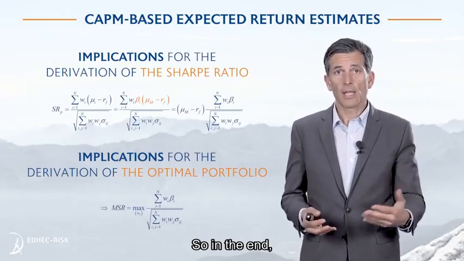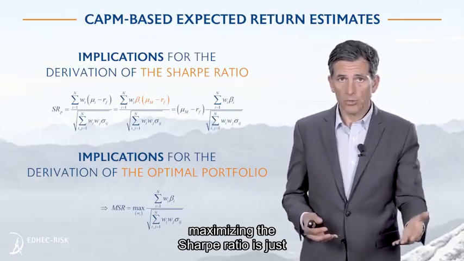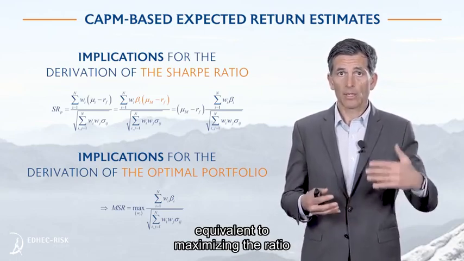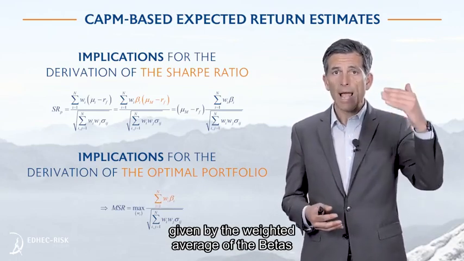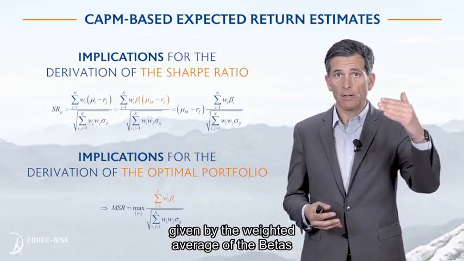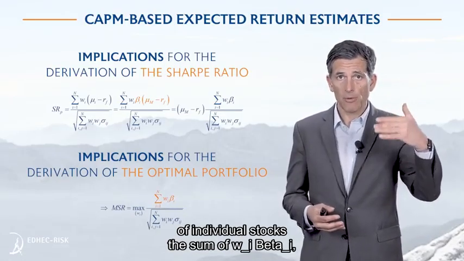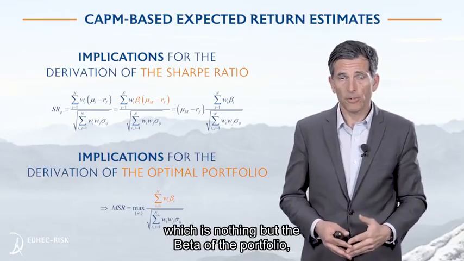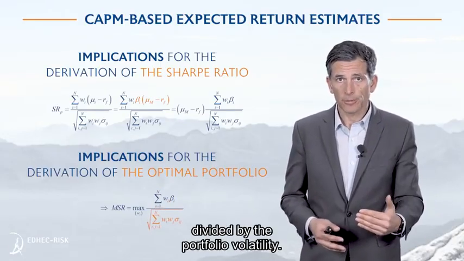So in the end, maximizing the Sharpe ratio is just equivalent to maximizing the ratio given by the weighted average of the betas of individual stocks, the sum of w_i beta i, which is nothing but the beta of the portfolio, divided by portfolio volatility.